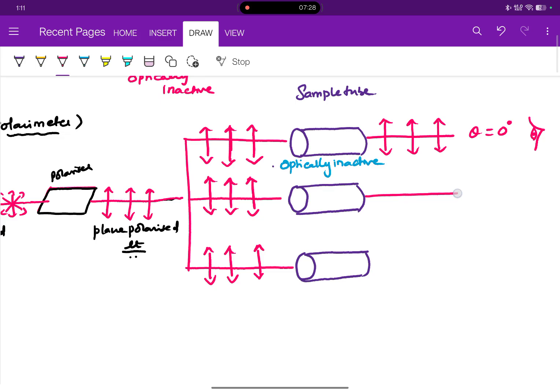In the other case, the light is getting rotated from the original direction, so you just take the original as a reference. From the original there is a rotation towards the right. So we call this theta equal to a positive value. Is it levo rotate? Dextro rotate. So the compound is a D-isomer.